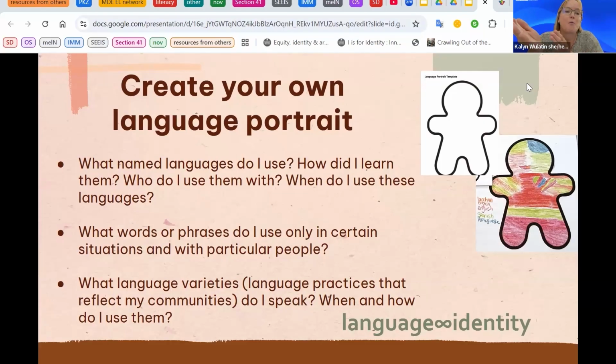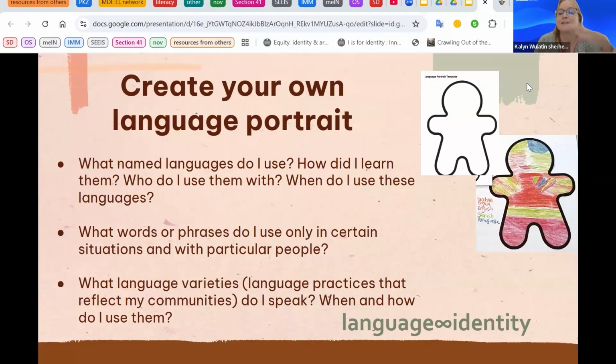When students create these portraits, or if we were in a room together and you were creating them, you can have lots of ways that you color and why. Sometimes students will color something because their parents speak a language that they maybe don't speak, because the parents haven't been speaking it in the home. I might only know a few words of a language, so I might place that somewhere.